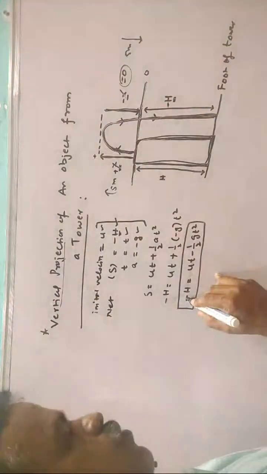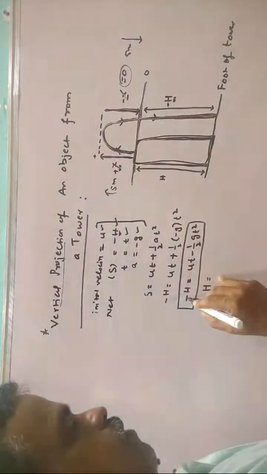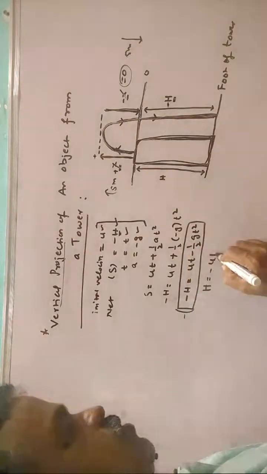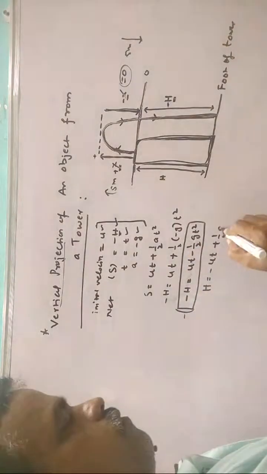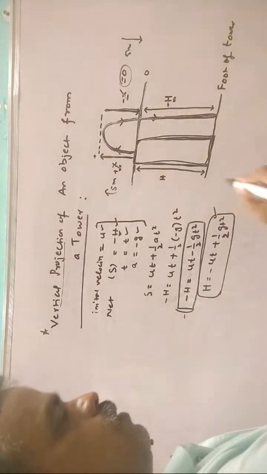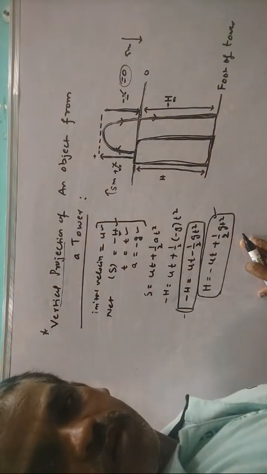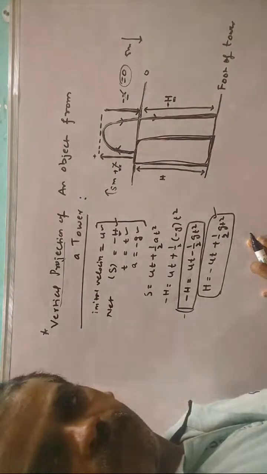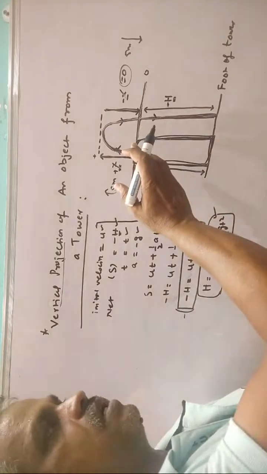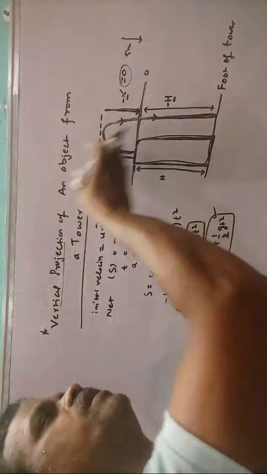So if we remove the minus from h, just multiply the whole equation by minus, so h equals minus ut plus half gt square. This formula we can use to calculate the height of the tower, when we project a body vertically up from a tower.